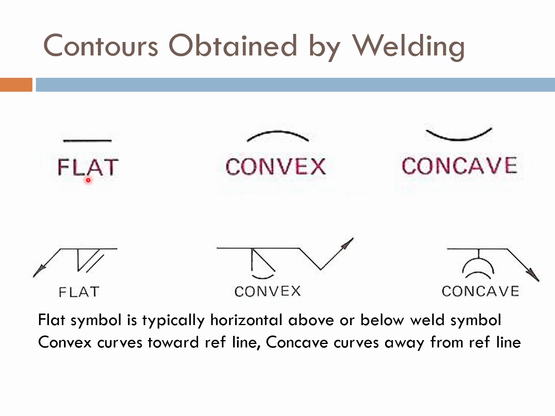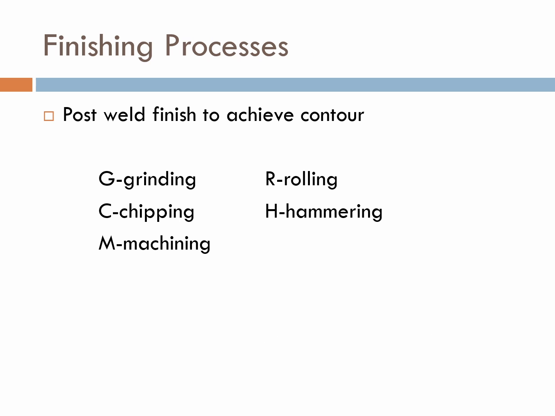Flat is flat, so that's pretty easy. But that's how you know what kind of contour you'll have. Then you'll have another letter down here. It'll say how you're going to do that. And that's either a G for grinding, or C for chipping, or M for machining, or R for rolling, or H for hammering. Those are all things that could be in there.